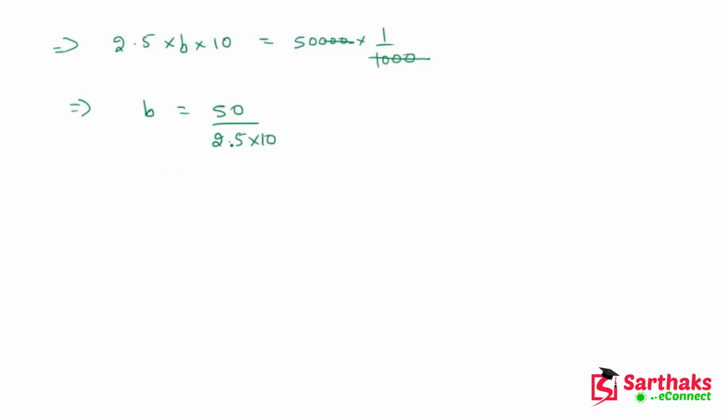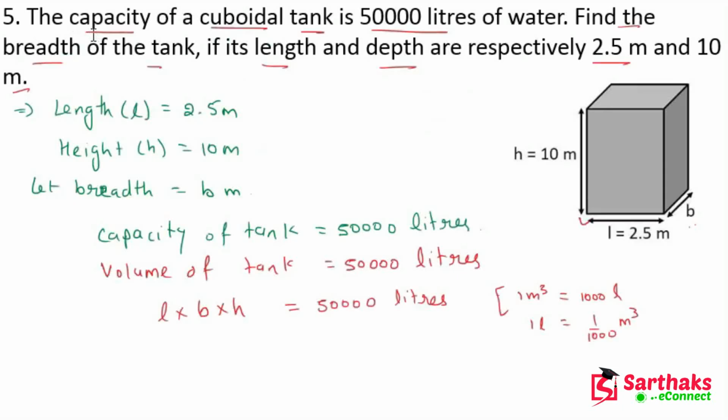If we remove the point, we get 10 in the numerator, and this 10 and this 10 will be cancelled. 50 divided by 25 is 2. So B is equal to 2 meter. This is the breadth of the cuboidal tank. I hope you understand these things. This is the answer of this question.